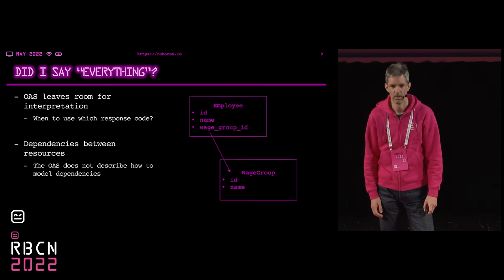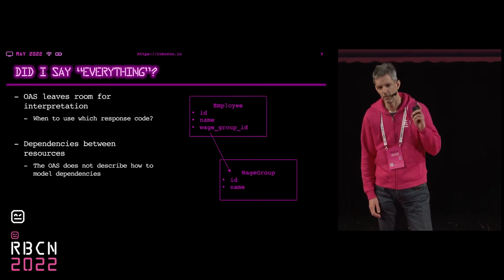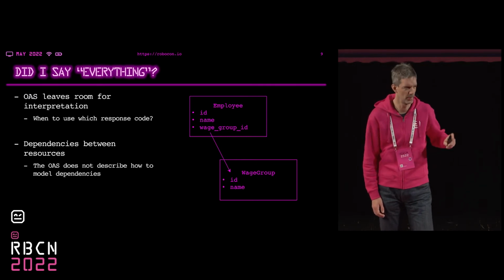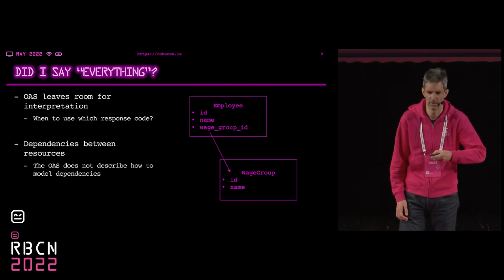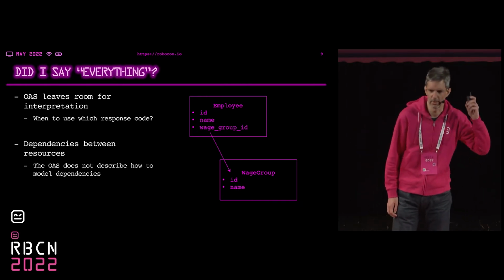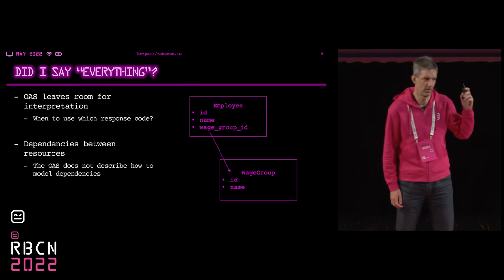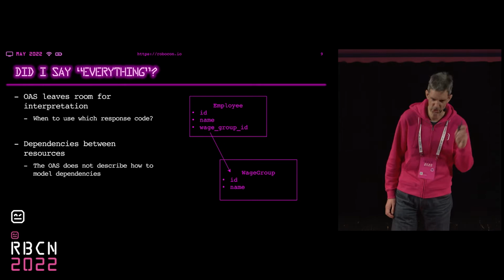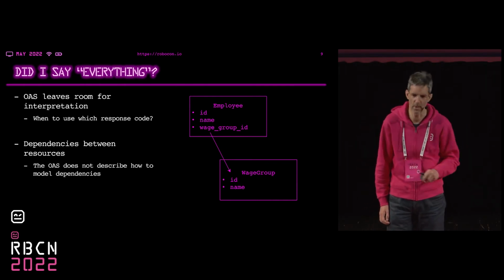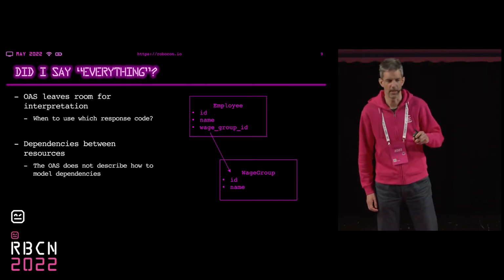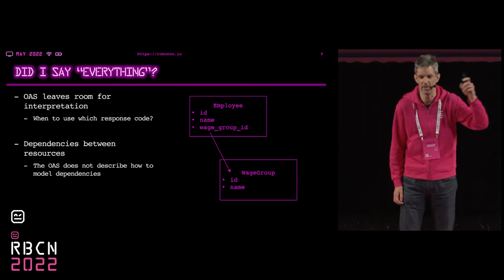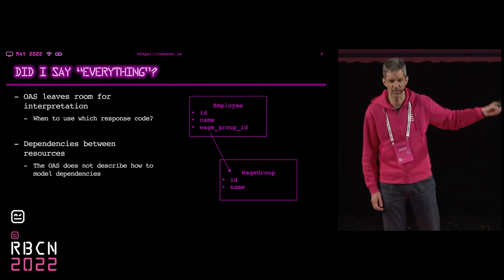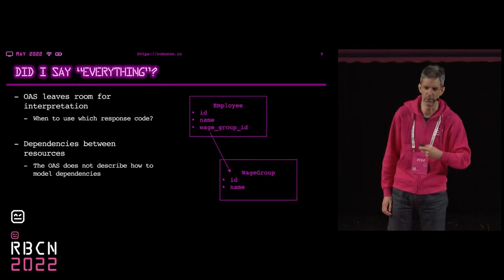And then the more important one even is dependencies between the relationships you have. Like, we have this employee, and we need to pay employees, so they need to be in a wage group. They must be in a wage group. It's required. And that is a resource, so it has an ID. So that wage group ID must exist, otherwise I cannot use it creating an employee.